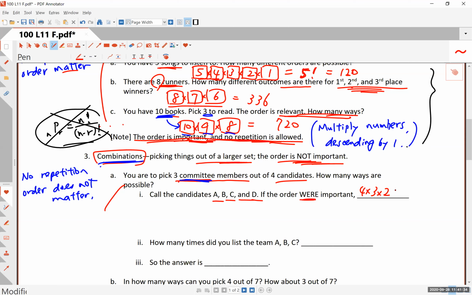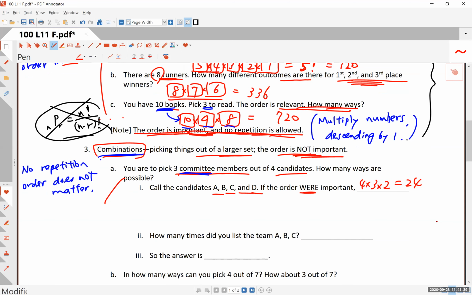That's 4 times 3 times 2. That's 24 different ways to choose the first, second, third place winners. Now I'm going to list all those 24 ways so that you can see what's wrong with the answer 24 when you're choosing 3 committee members.